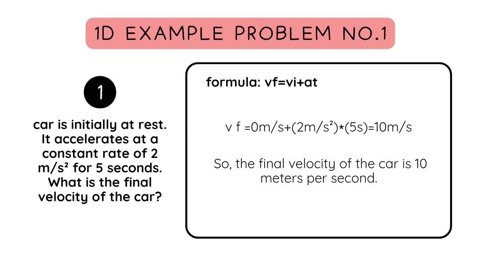Vi is the initial velocity, which is 0 meters per second since the car is initially at rest. a is the acceleration, which is 2 meters per second squared. And lastly, t is the time, which is 5 seconds. Now plug in the values. Vf is equal to 0 meters per second plus 2 meters per second squared multiplied by 5 seconds. So it is equal to 10 meters per second. So the final velocity of the car is 10 meters per second.